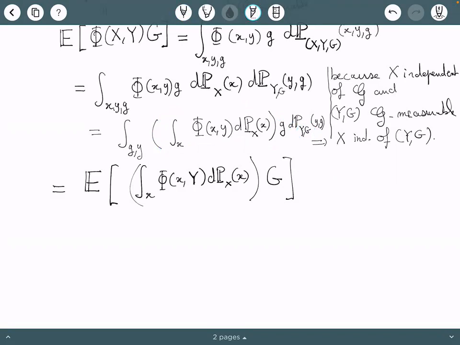So you get this formula, and here you see that this guy is a function of y.